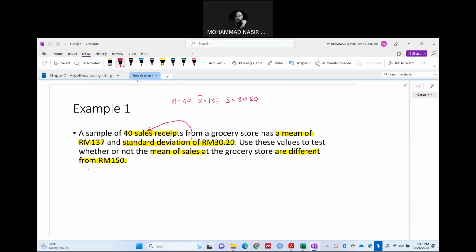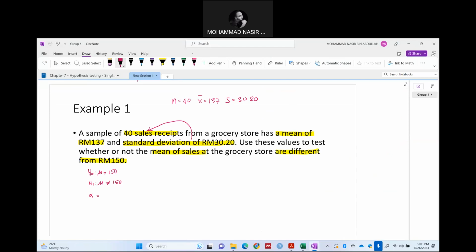So the first step to make a hypothesis test, we state the hypothesis statement. The null hypothesis mu equal to 150. Alternative hypothesis mu is not equal to 150. Second step, we state the level of significance, which is alpha equal to.